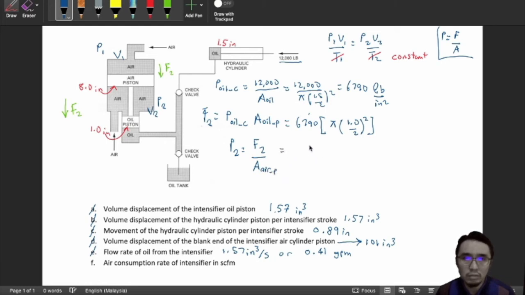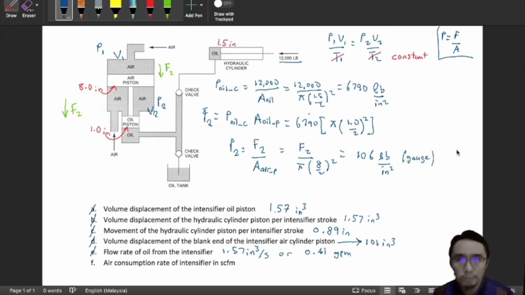So this F2 divided by pi times (8/2) squared. If you substitute the values, then P2 is equal to 106 pounds per square inch. Remember, this is a gauge value.